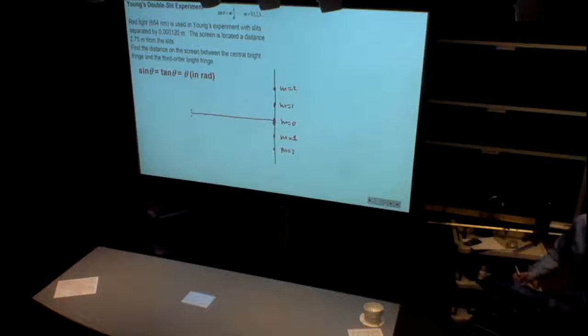What are we looking for? So the wavelength is 664 nanometers, and again, nano means 10 to the negative 9. The slit separation or sources separation, D, is 1.2 times 10 to the negative 4 meters, or 120 times 10 to the negative 6.